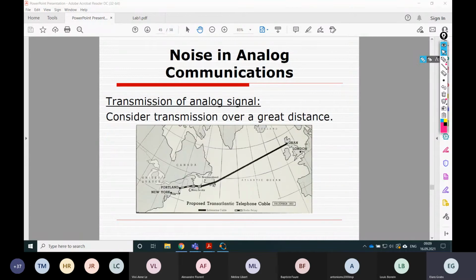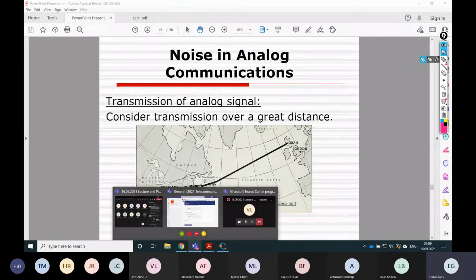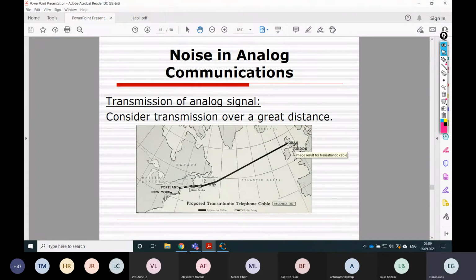More or less everything seems to be good. However, now imagine that we need to send the signal much farther. For example, from the United Kingdom to the United States of America by using the cable at the bottom of the Atlantic Ocean. This is the telephone line for calling from the UK to the US. How do we do that?